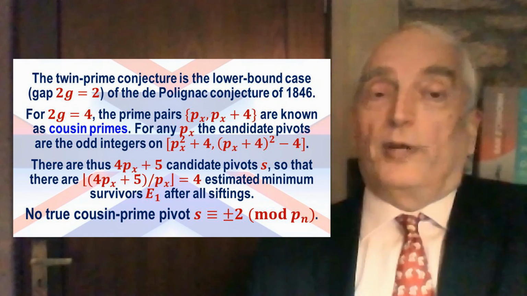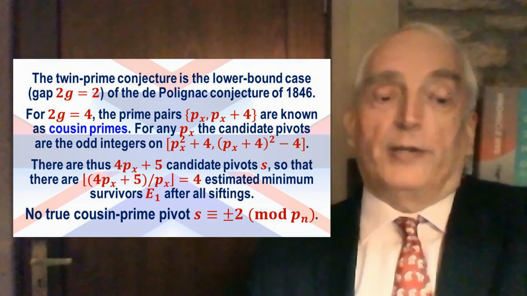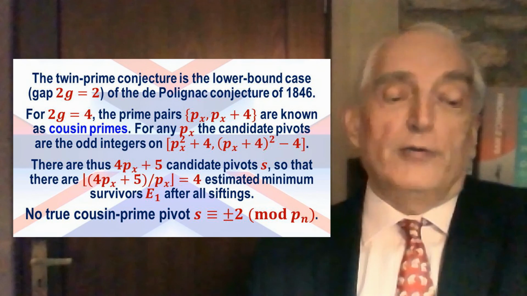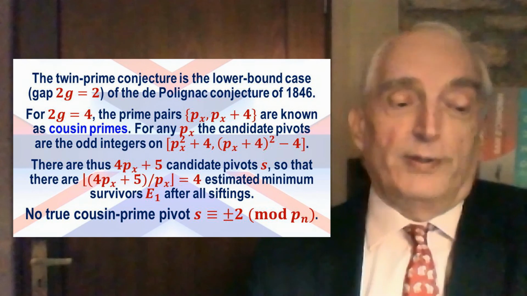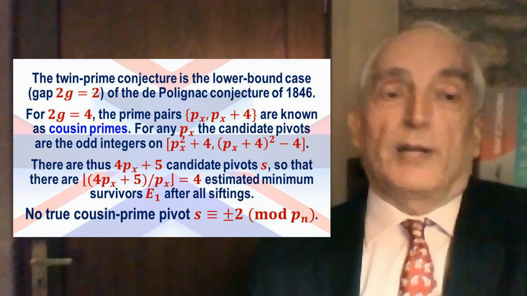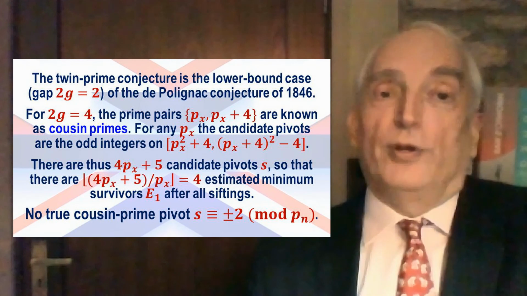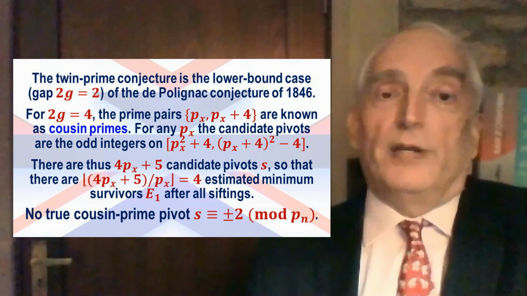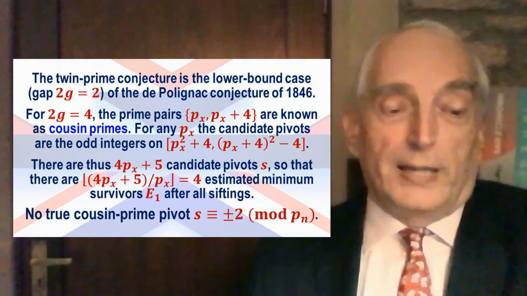And that one further difference between this and the twin prime proof is that no true cousin prime pivot S may be congruent to plus or minus 2 modulo Pn for any Pn from 3 all the way up to Px.